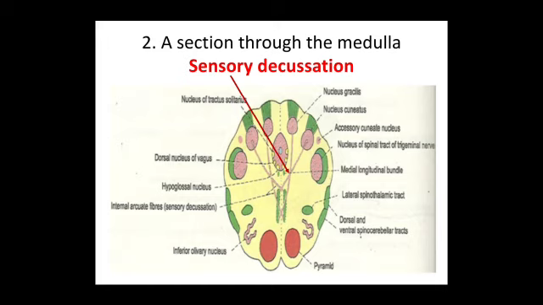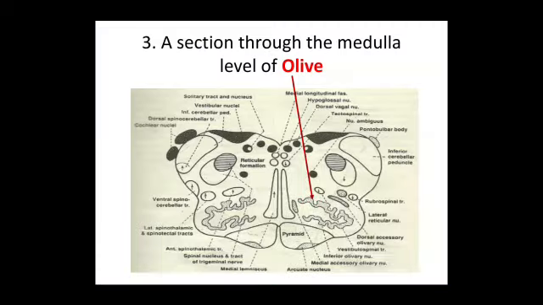You can see the almost pink structure. You can see the decussation, which is fibers coming from the gracile and cuneate nucleus. The third level, you can see the crenated mass, that is the olive. So this is the section taken at that level. This is at the floor of the fourth ventricle.